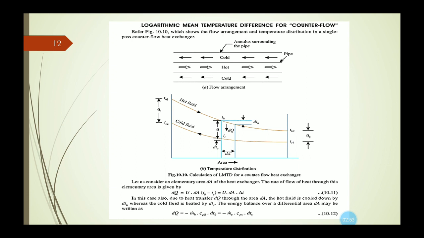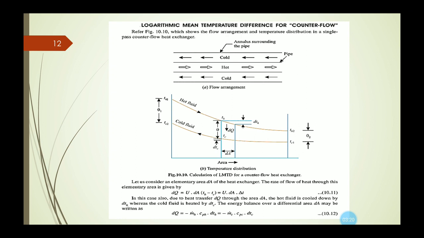Now the rate of flow of heat through this elementary area is given by dq equals U dA (Th minus Tc). This equation is already known to us. It is hot fluid minus cold fluid, so that means U dA delta T.